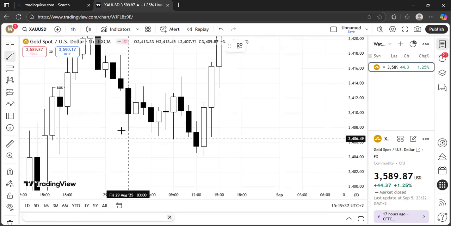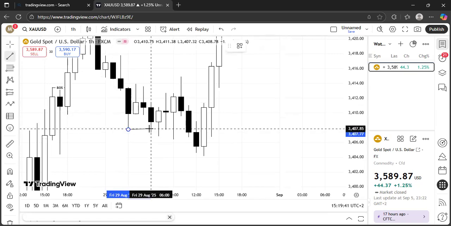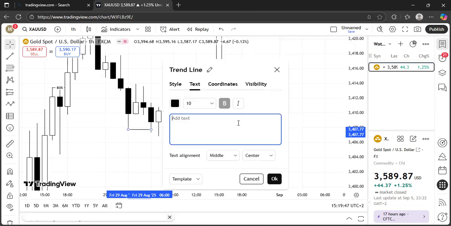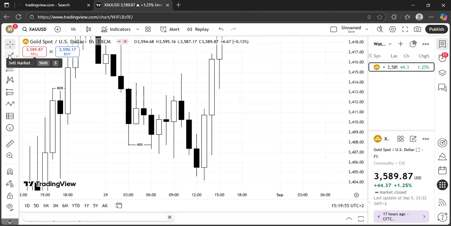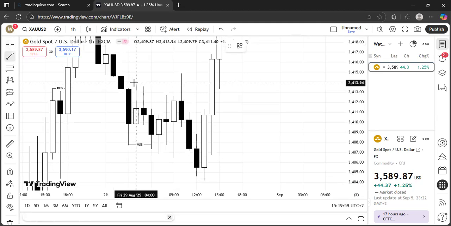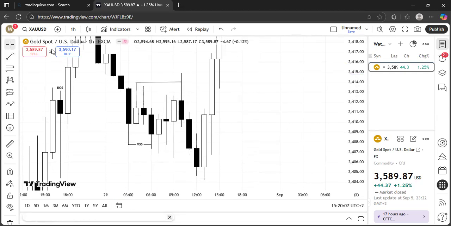And then we do have our change of character right here. I'm using structures that you guys are familiar with since we have entered this trade. I don't want to introduce something new to you and say I'm doing something else now. So we're just going to stick to what we already know until you get it. This is the high that formed the microstructure shift.